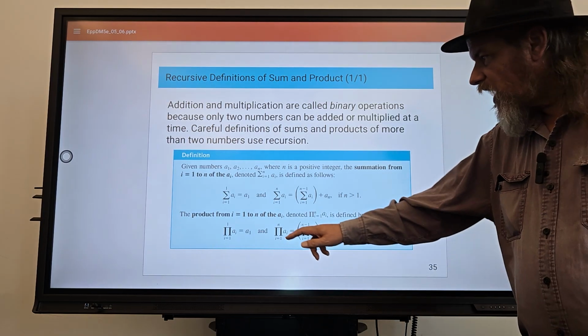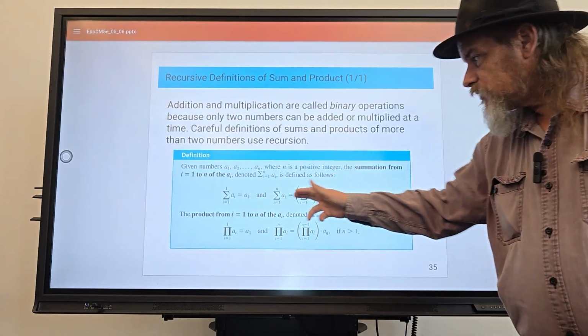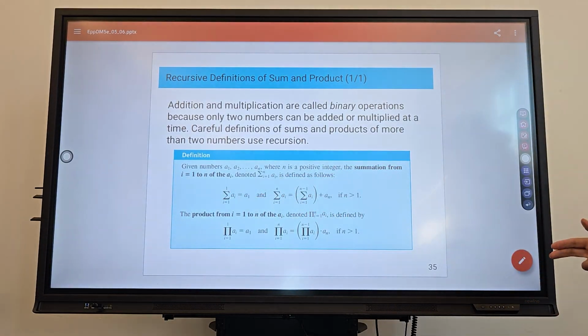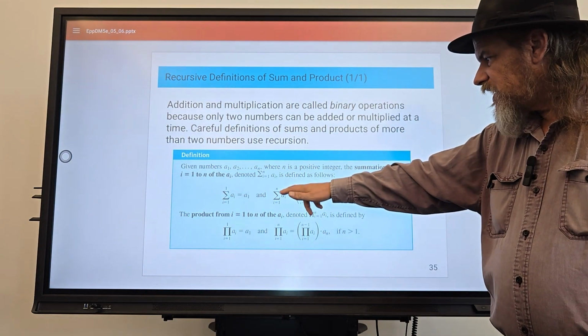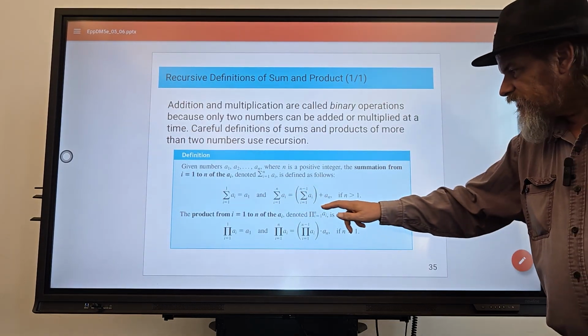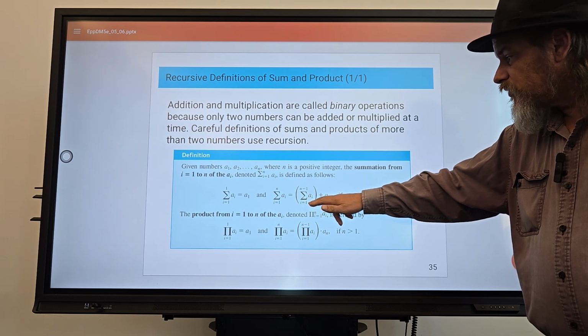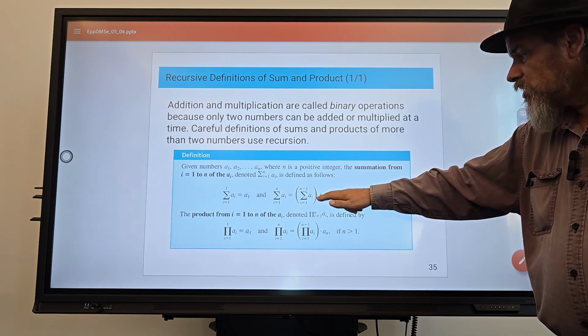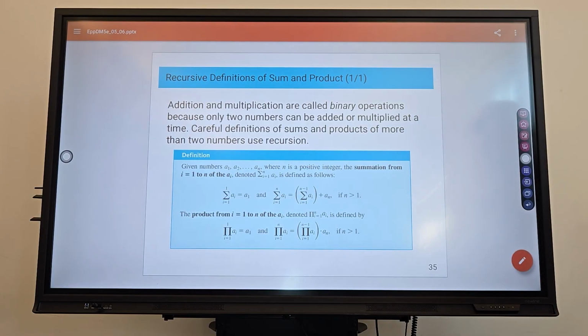The summation from i equals 1 to 1 of a_i equals a_1. For n greater than 1, the summation from i equals 1 to n of a_i equals the summation from i equals 1 to n minus 1 of a_i, plus a_n.